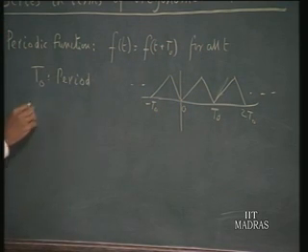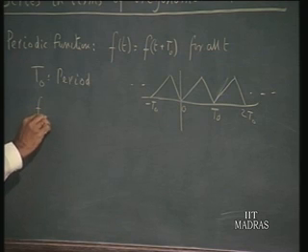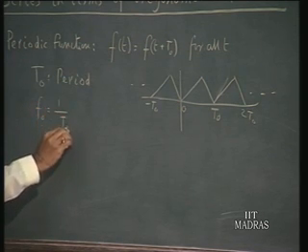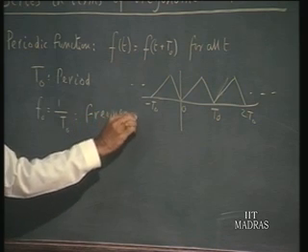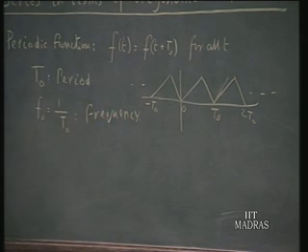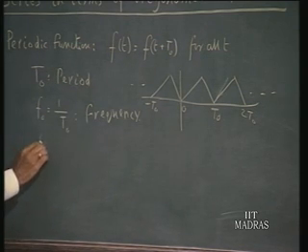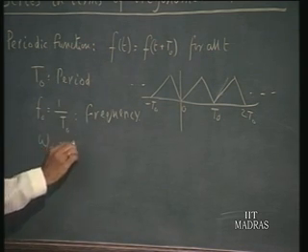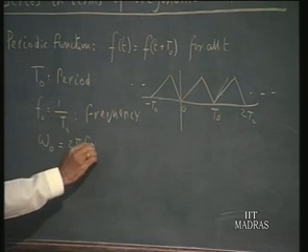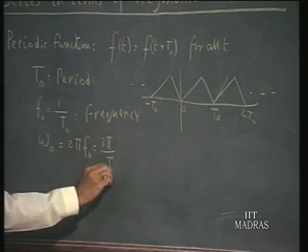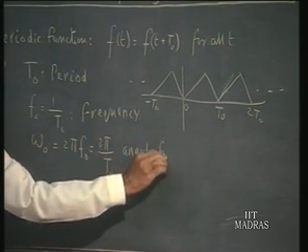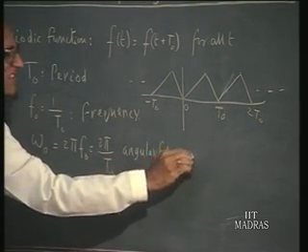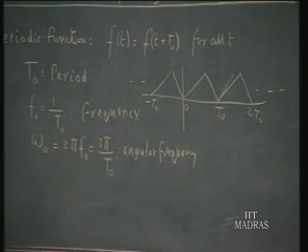We also know that f naught, which is 1 over T naught, is called the frequency of the signal. In line with sinusoidal steady state analysis methods, we use omega naught equals 2 pi f naught equals 2 pi over T naught as the angular frequency. These are terms which you are already familiar with. We make use of them here as well.